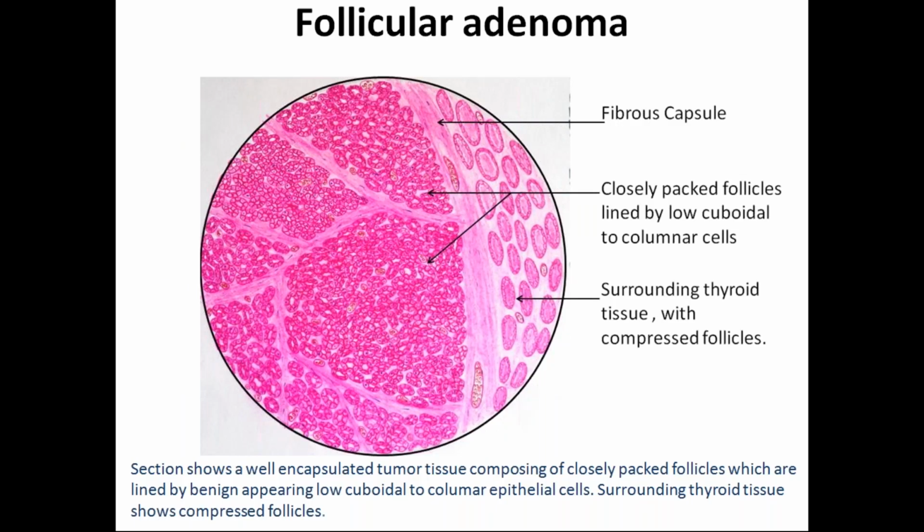And whenever you see the slide like this, you need to describe the slide like this. The section shows a well-encapsulated tumor tissue composed of closely packed follicles, which are lined by benign appearing low cuboidal to columnar epithelial cells. And surrounding thyroid tissue shows compressed follicles.